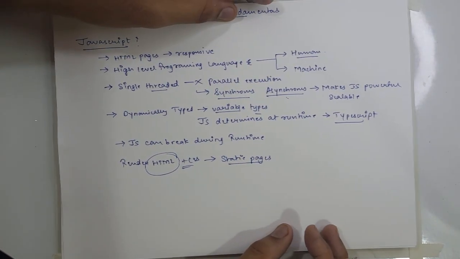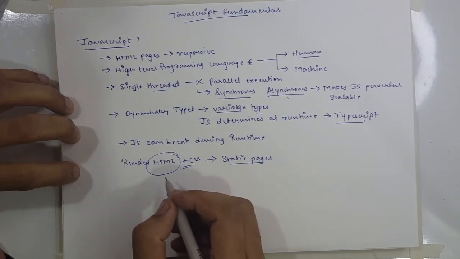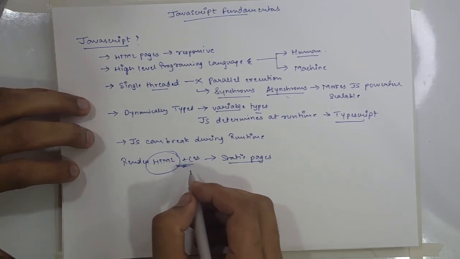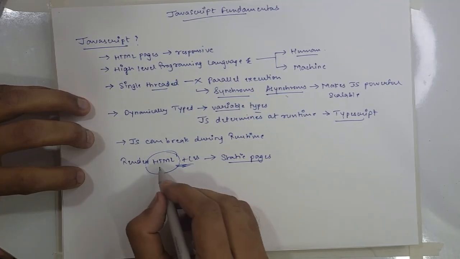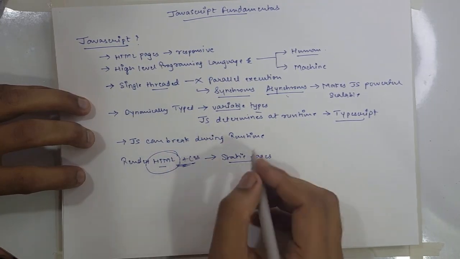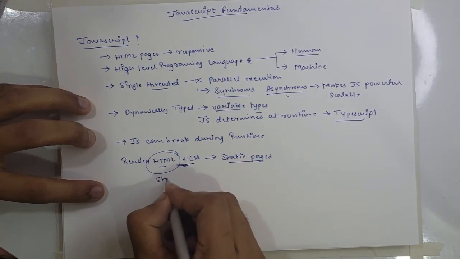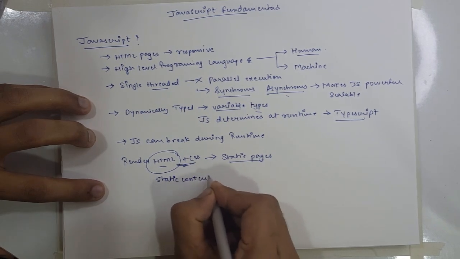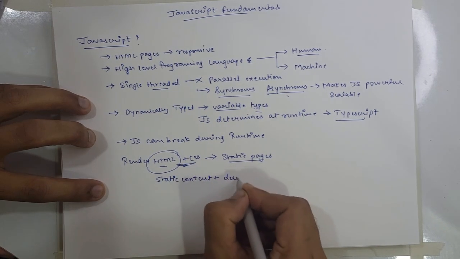Initially, browsers were designed to run static HTML pages. Static HTML pages are pages with HTML and CSS design: static content plus design.